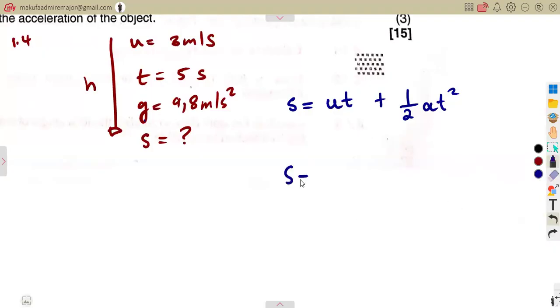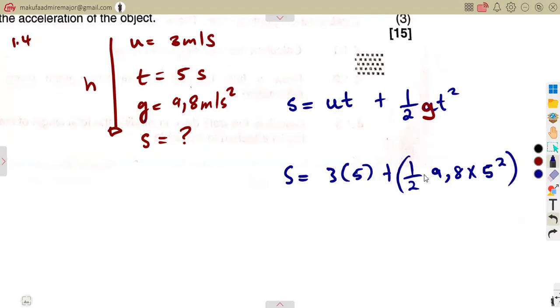So in this case, our S was going to be ut, our initial velocity 3 times the time, which is 15, plus half of, say this is now g for the gravitational acceleration, that is 9.8 times t squared, the time, which is 5 squared. So this is on its own. So meaning to say, you combine everything, that was going to give us S, which is the displacement, but that displacement represents the height in that case.